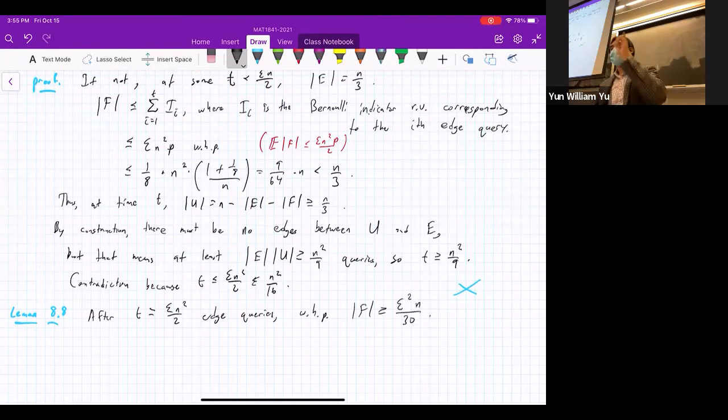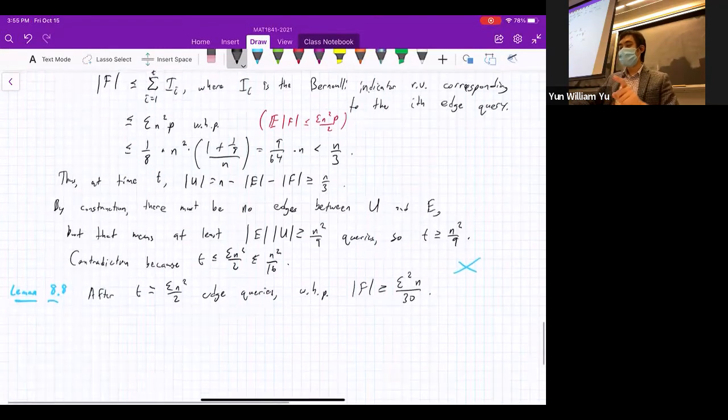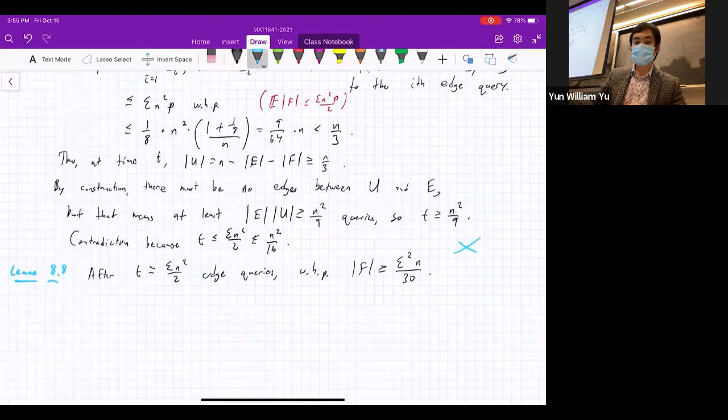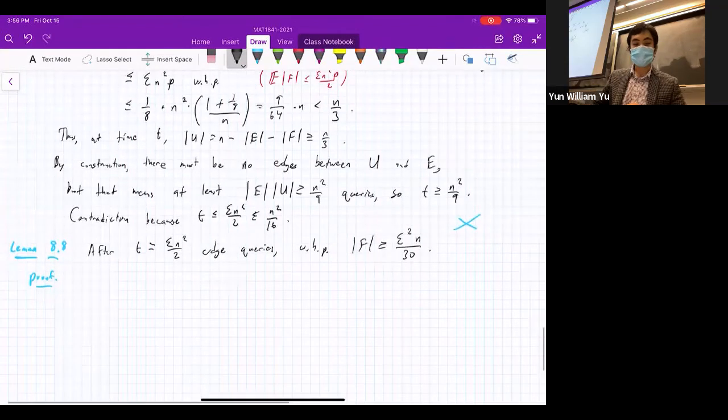Note that the power of 2 on epsilon is not a typo. So after T equal to epsilon n squared over 2, F is greater than or equal to epsilon squared n over 30. The proof is going to take a similar form, and we're going to make use of a Chernoff bound.